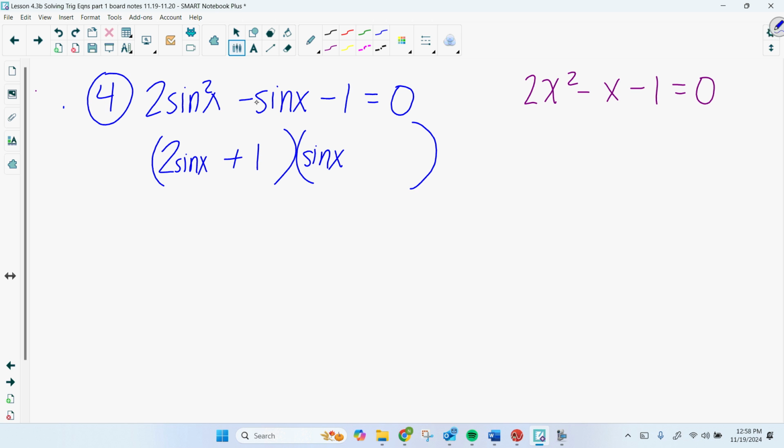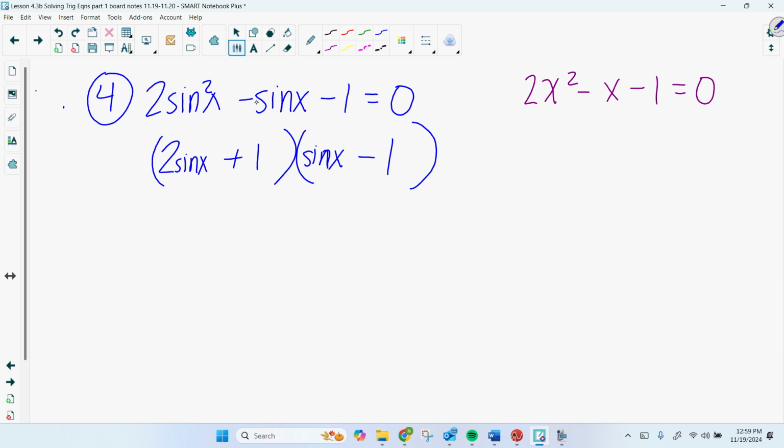Did you have an idea that it should go in that order first, or did you try it? How do you think about it? I had the idea because since sine x is negative, you have to go for the bigger negative. Yeah, so it would be minus 2 sine x and then plus. Yeah, that makes sense.